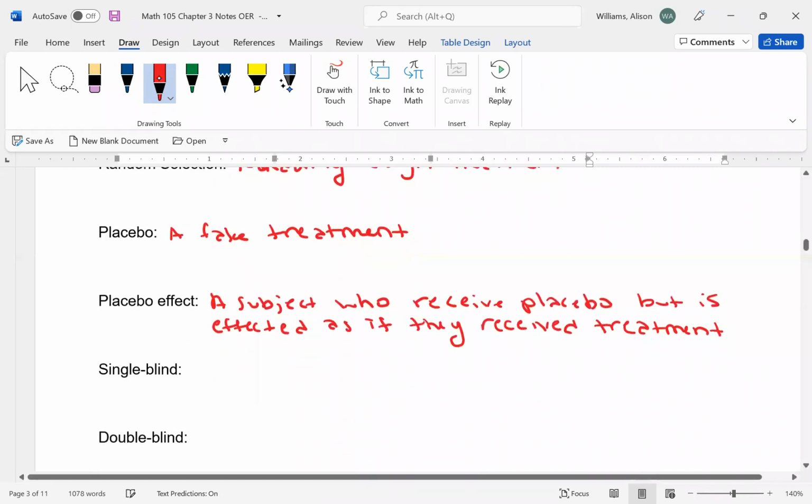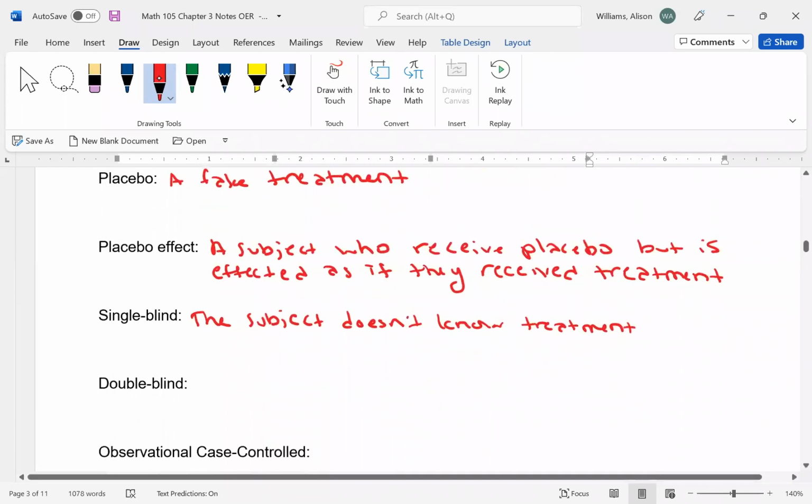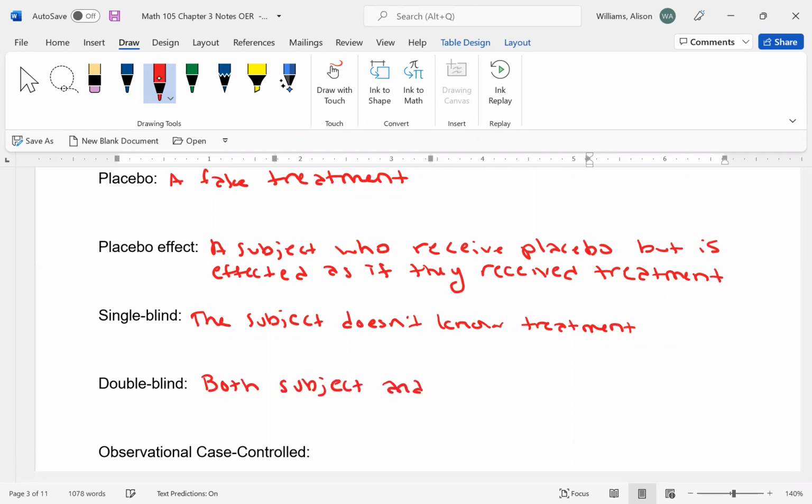Single blind is when the subject doesn't know what treatment they are getting. Meaning they don't know if maybe they got the aspirin or the sugar pill, okay? Double blind is when both the subject and the researcher don't know, which is useful when you're worried about the researcher affecting the results.